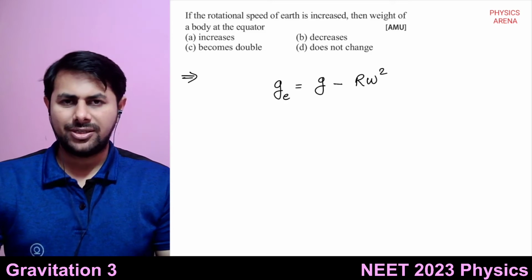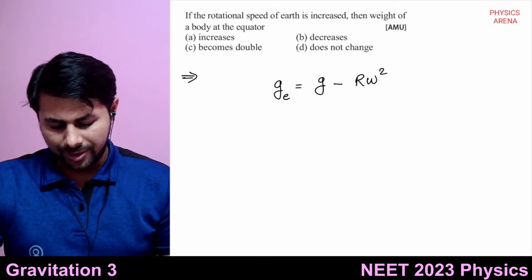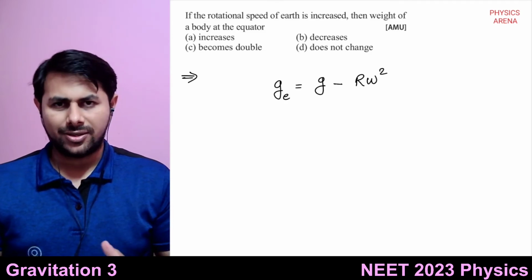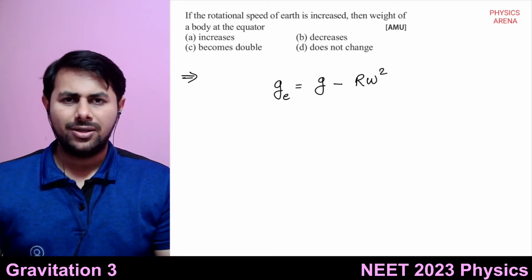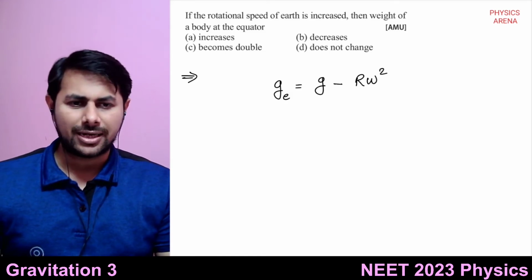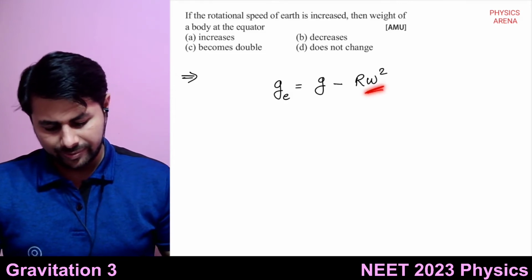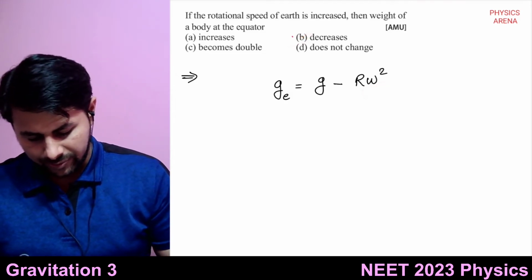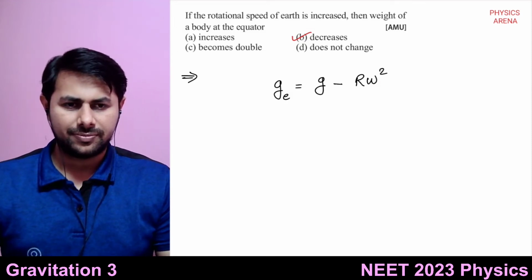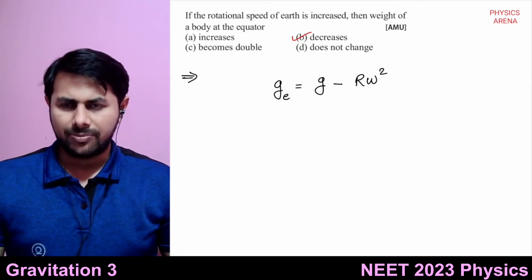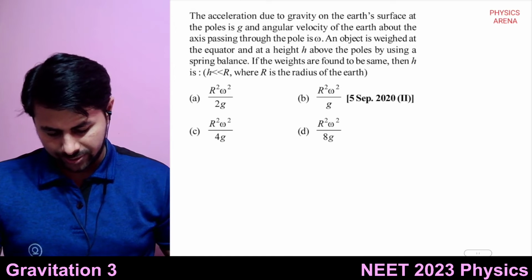If rotational speed is increased, what will happen to the weight? We know that the weight of an object is the gravitational force acting on the object, right? So if omega increases, then weight decreases. Good. Okay, this was simple.